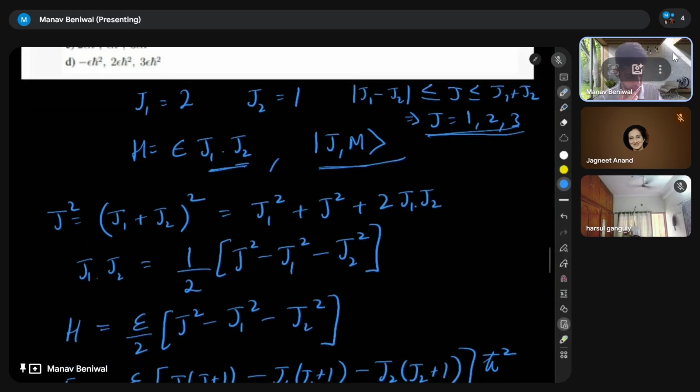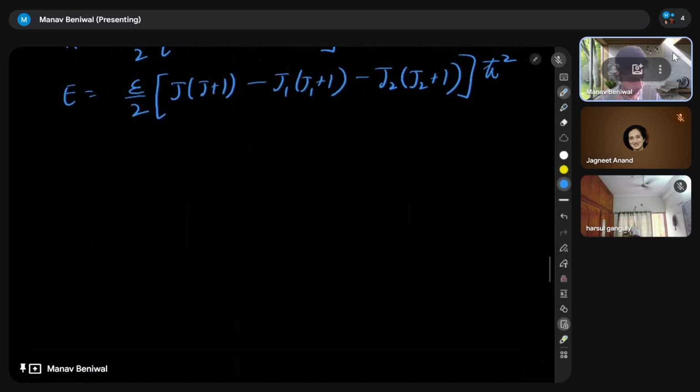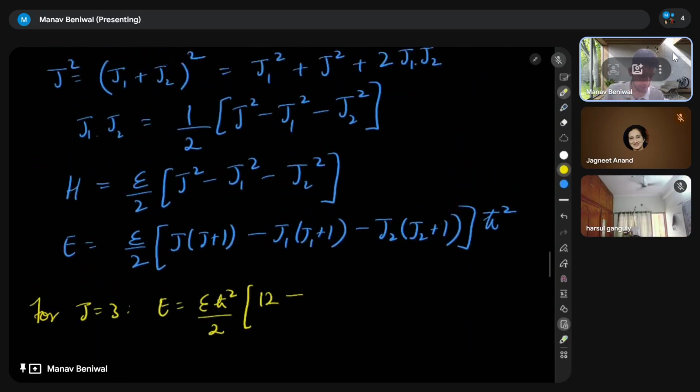Okay, so let's start with the highest value, 3. For j as 3, our energy will be epsilon h cut squared over 2, and so this will be 3 times 4, which is 12, minus, okay, j1 and j2 are fixed, right?